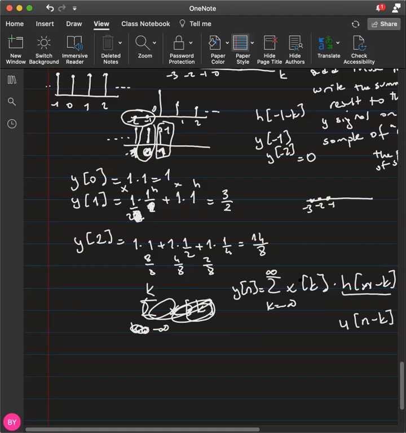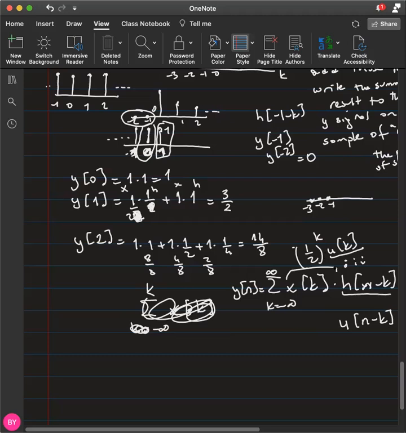Okay, what is this part? 1 over 2 to the power k times u of k. u of k is represented like this as a step function, and everything is represented after 0, right? 0, 1, and 2, and 1 over 2 to the power k.